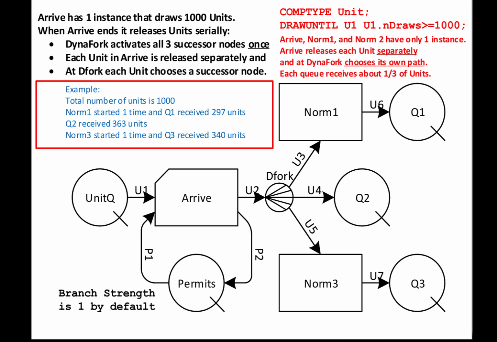This is different from generic resources, which, if there were 1,000 of them in the terminating instance of activity arrive, would all end up in only one of the 3 successor nodes. This is because characterized resources are released one at a time, and as a result, each one can make its own choice at the Dynafork.